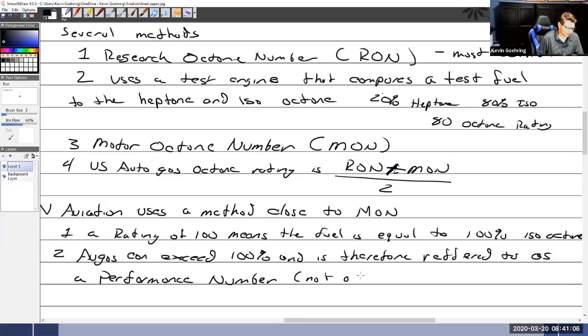Well, that's only partially true, because really we still call it octane, but it should technically be called a performance number. All right, so let's talk about some avgas.